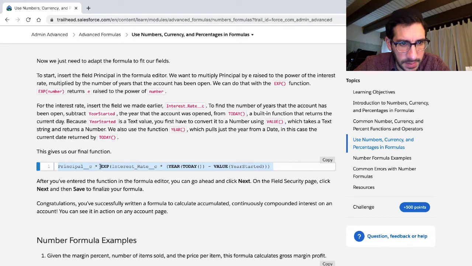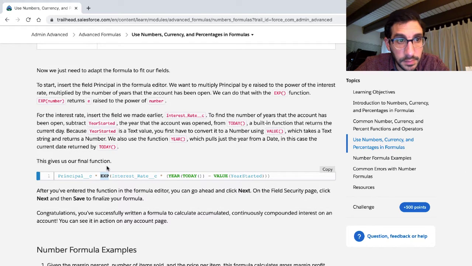Principal, the custom principal, times E raised to the Exp. What does that do? We want to multiply the principal by E raised to the power of the interest rate. Exp number returns E raised to the power of number.